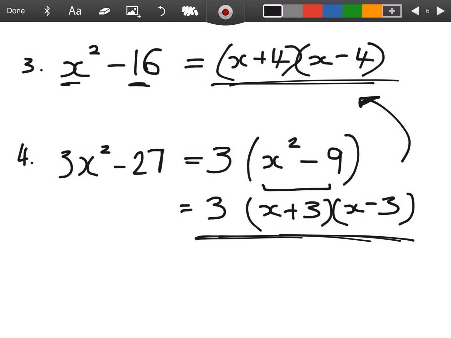And that's us. Okay, quick wee bit on completing the square now. Completing the square, I suppose, comes under a type of factorising. Let me just get an example for you.